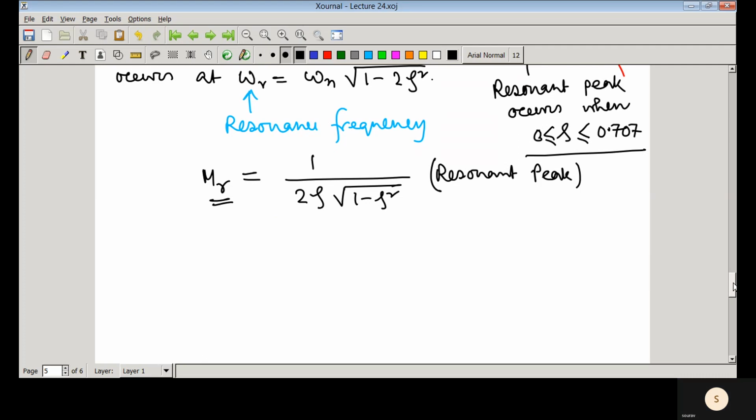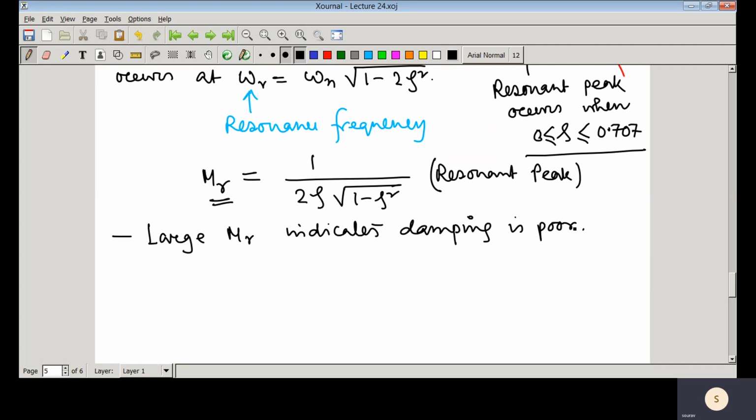Now this particular value MR also tells us that a large MR, that means whenever the peak is very high, indicates the damping is poor. That means the damping ratio is small, damping is poor. We have already seen it. So the expected MR, whenever we will be designing that closed loop system, should be less than or equal to 1.4 to 1.